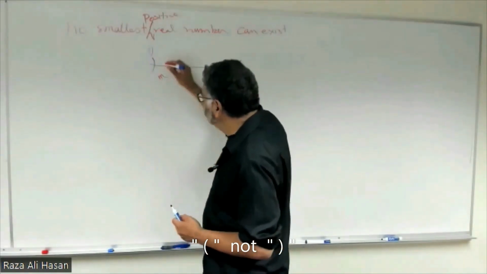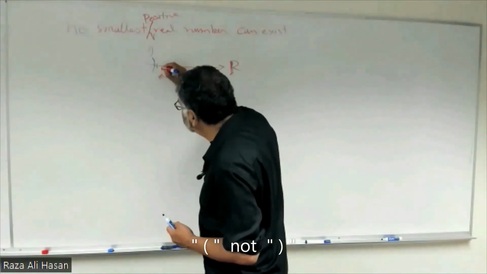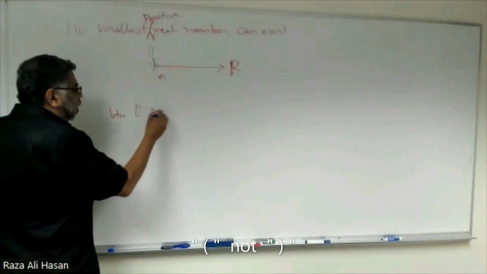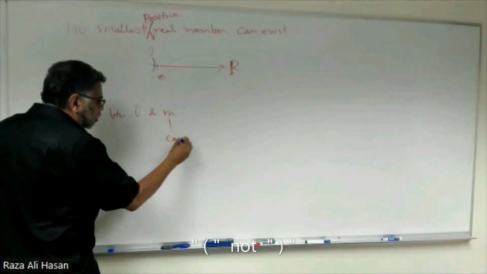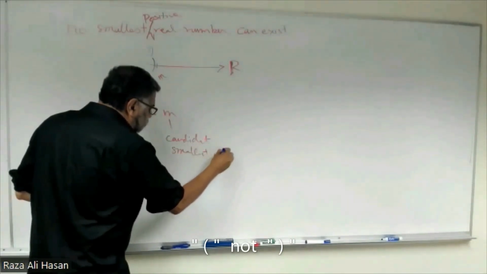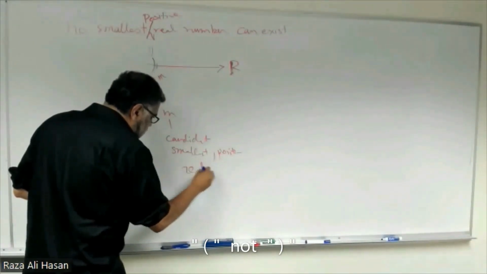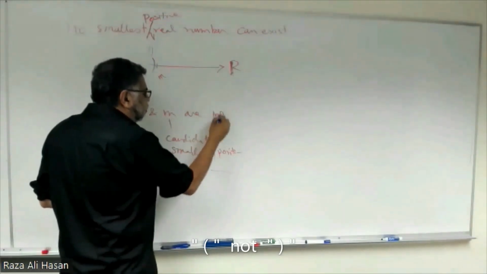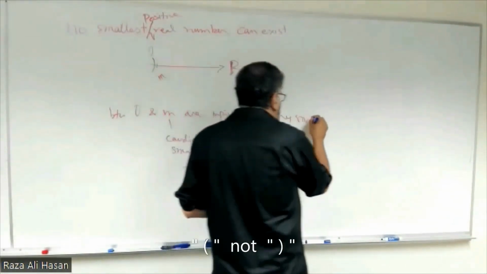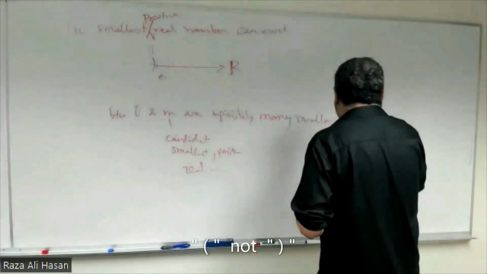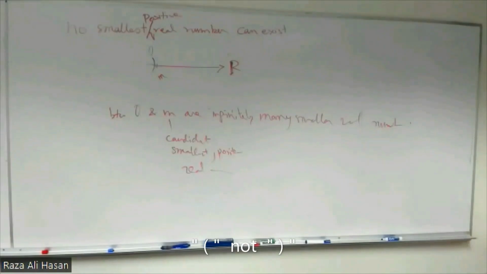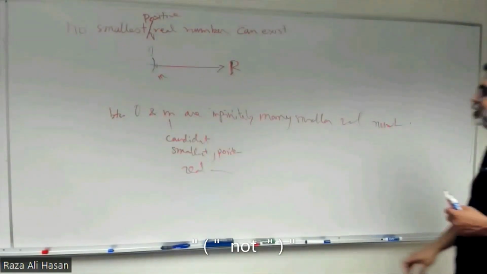And between 0 and m, which was our candidate smallest positive real number, there are infinitely many smaller real numbers. That is a fact. Okay, so let's remember that fact.